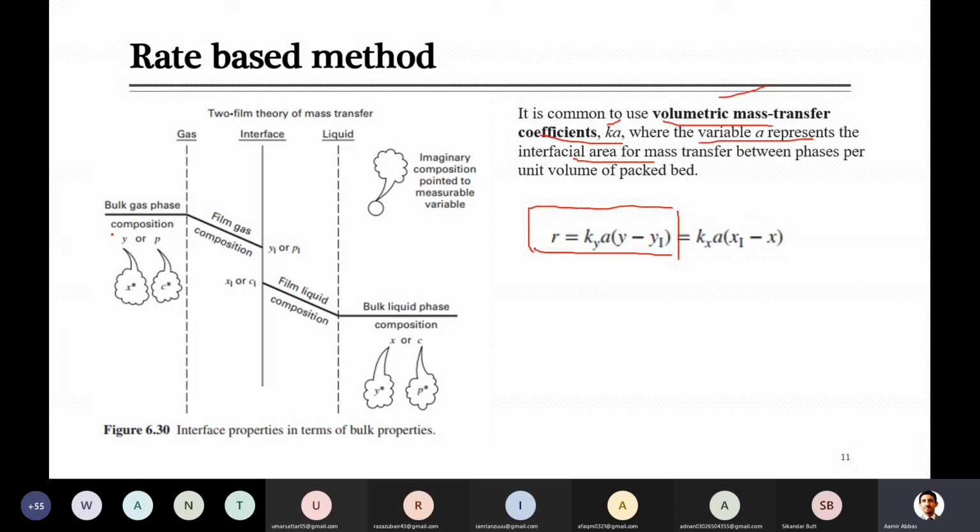Here you can see, if we look at the mole fraction, that is Y, and on the surface of the interface it is Yi, for Y interface.